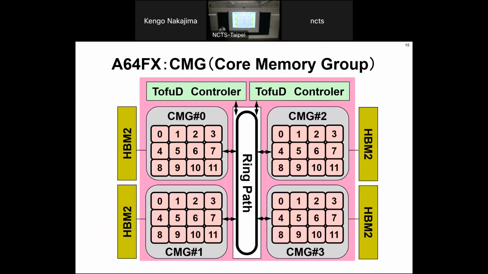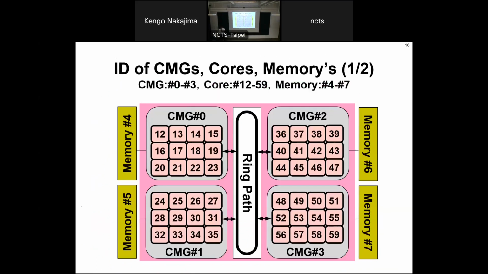Okay, so this is an overview, and these are the IDs of each component. The CMG IDs start with 0, 1, 2. The memory IDs start from 4, 5, 6, 7.